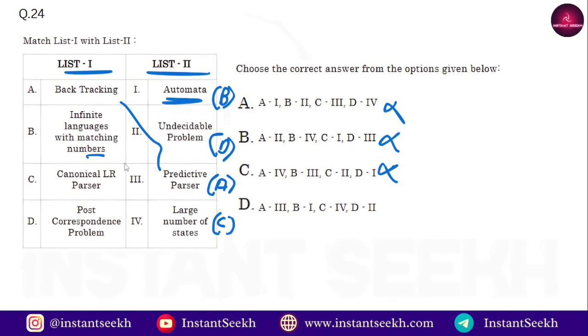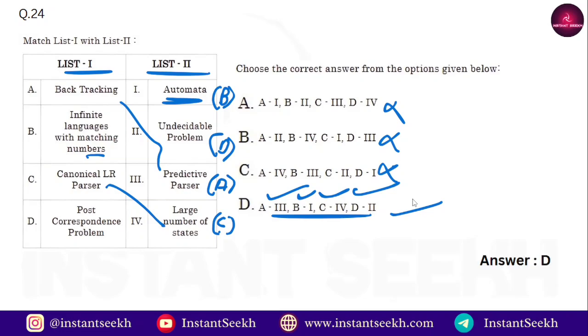Canonical LR parser is an efficient bottom-up parser that can handle large and complex grammar, but generates a large number of states. So C goes here. Post correspondence problem is a well-known undecidable problem. So A goes for third, B goes for first, C goes for fourth, and D goes for second. Option D is your correct matching option for this particular question.